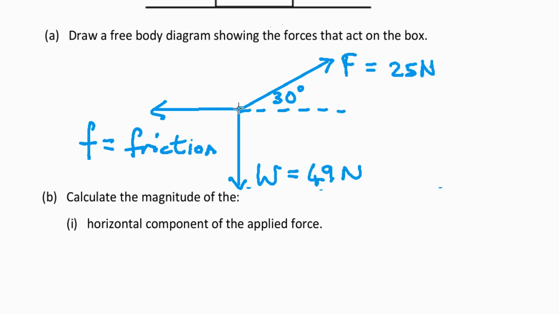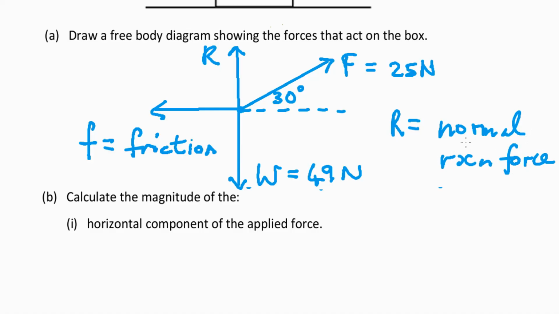There's an upward force, which is the force that the floor exerts onto the box. And this is called the normal reaction force. We can use R for it. So R will be the normal reaction force. Normal, of course, here means perpendicular. We know this is perpendicular, or this is 90 degrees.